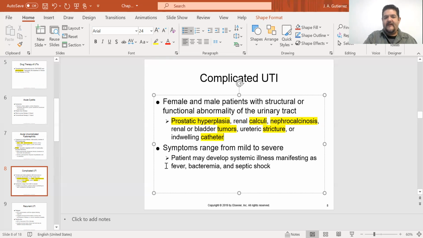So every time we have a change in the quality of the lumen of the urinary tract, and they get a UTI infection, they fall under complicated UTIs. Symptoms are still the same, but here we're gonna add bacteremia.